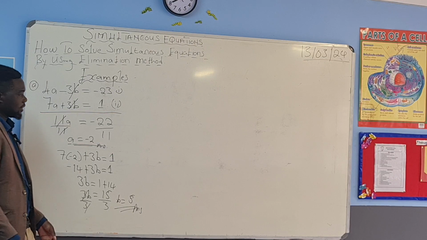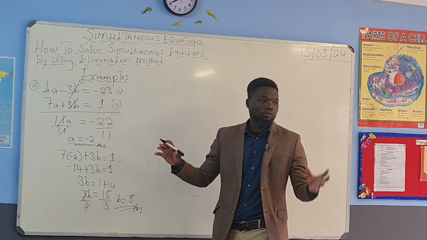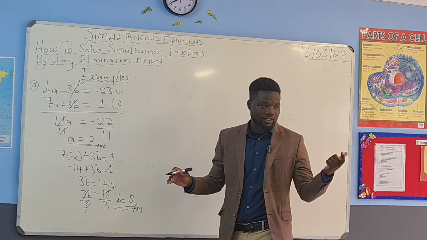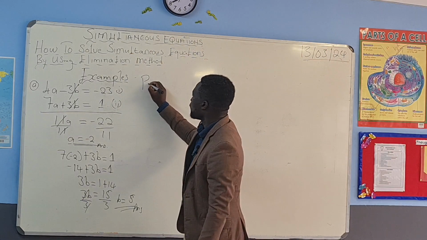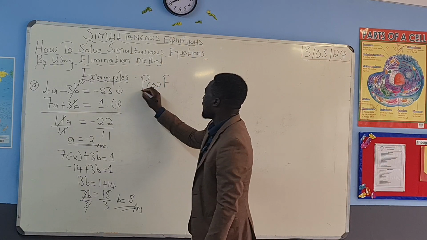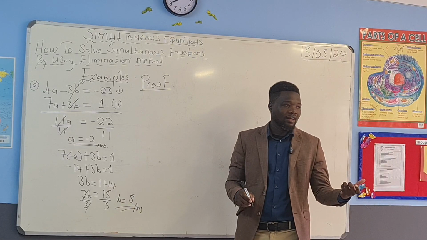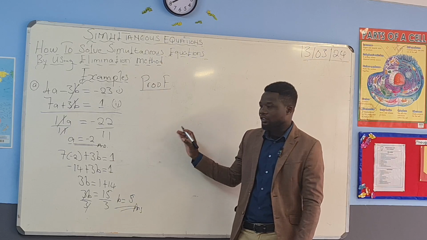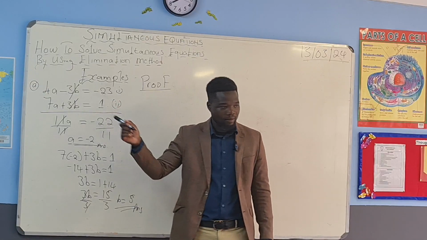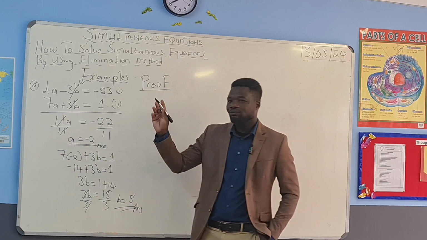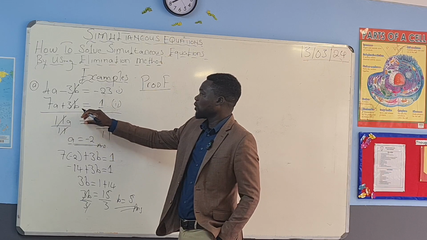Now listen. If you want to prove that your answers are correct, because in mathematics you have to prove, you can pick one equation here, either this one or this one.